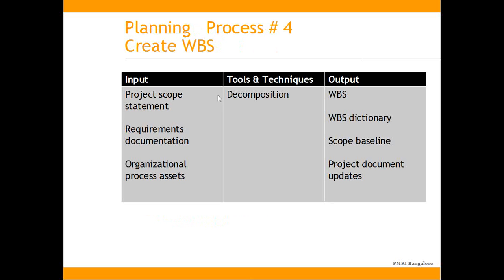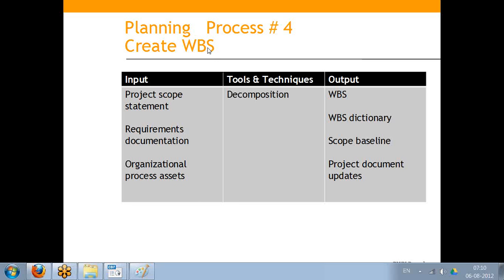Now if you really look at the input side of it, we have the project scope statement coming as an input, requirements documentation coming as an input, and then organization process assets. That means your organization will have a lot of procedures, templates, tools, lessons learned from past projects.